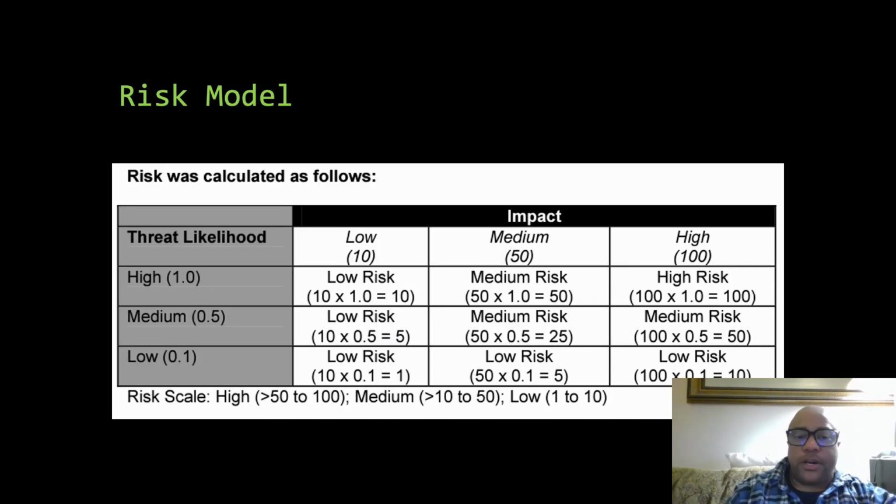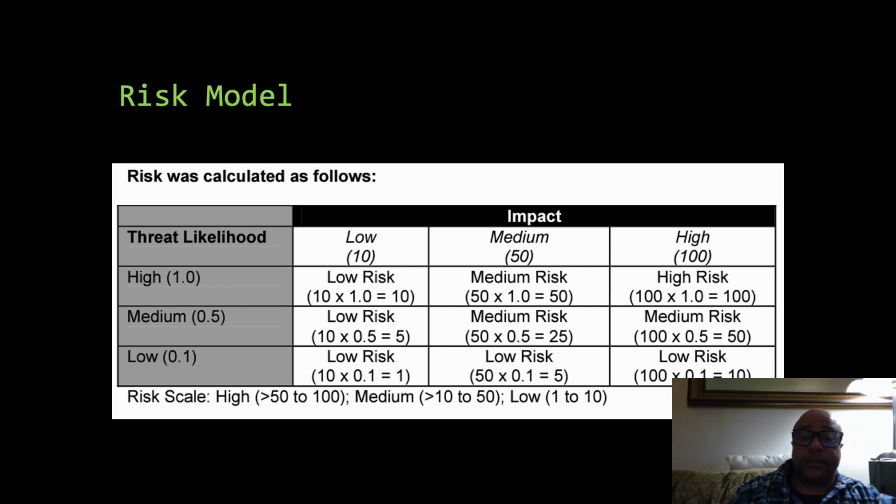So from this chart, you can see how each risk was calculated, looking at the impact, low, medium, high, with that 10, 50, and 100 score point. And then in the far left corner, you can see the threat likelihood, whether it's low likelihood, medium likelihood, or high likelihood.